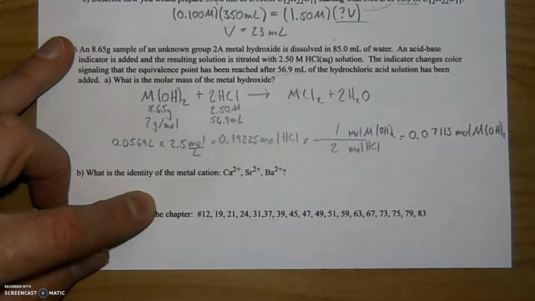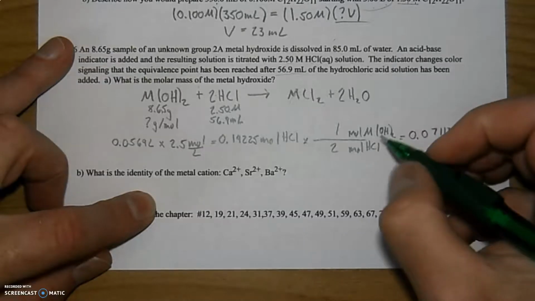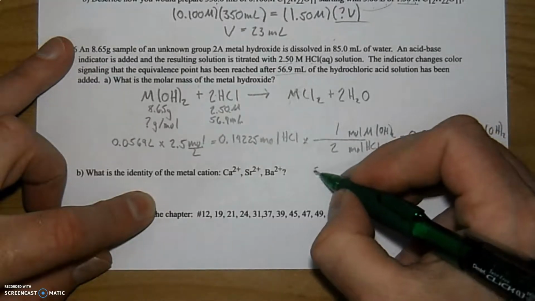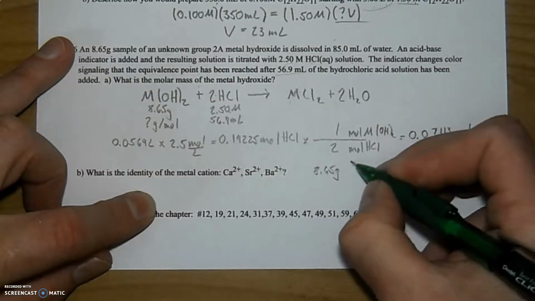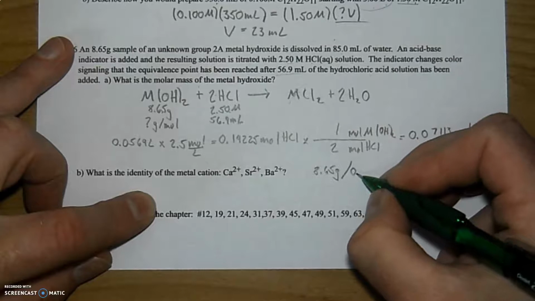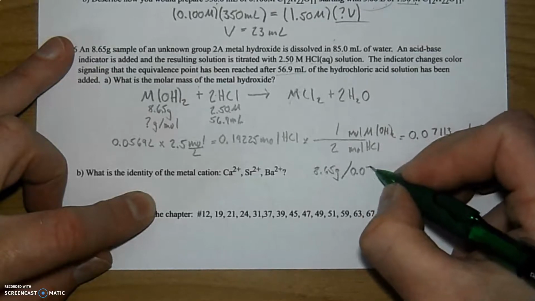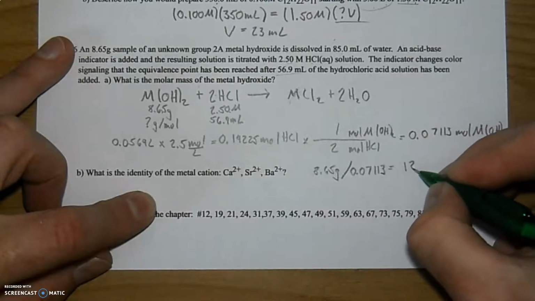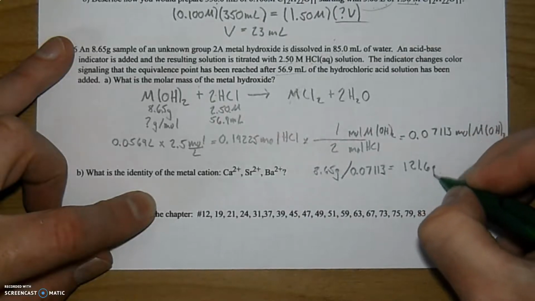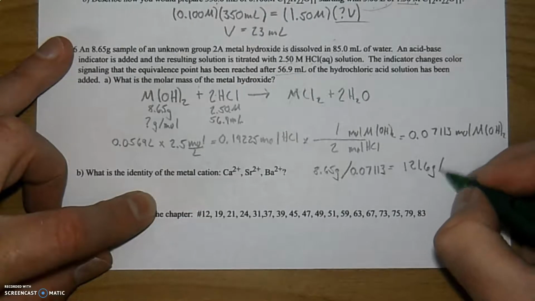Now that I have moles of metal hydroxide and grams of metal hydroxide, I can take those 8.65 grams and divide it by the moles and get an answer of 121.6 grams per mole.